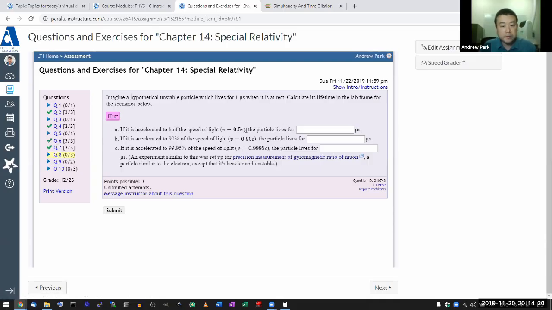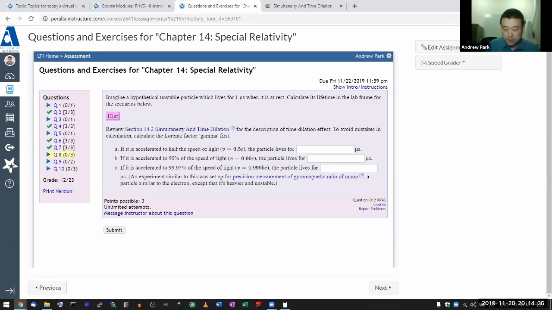So I have V is equal to 0.5 C. I need to write down what the Lorentz factor is here. So write it down for yourself. The formula for the Lorentz factor is 1 over the square root of 1 minus V over C squared. So I'm just going to plug these numbers into the calculator very carefully.